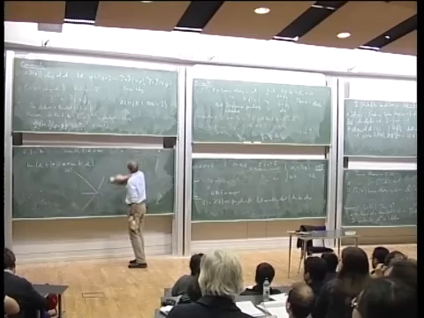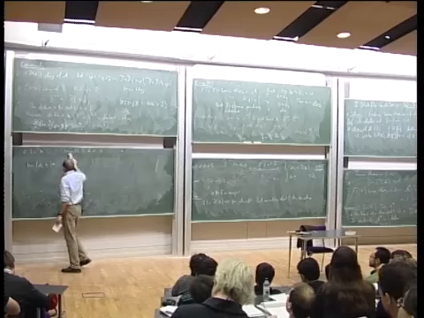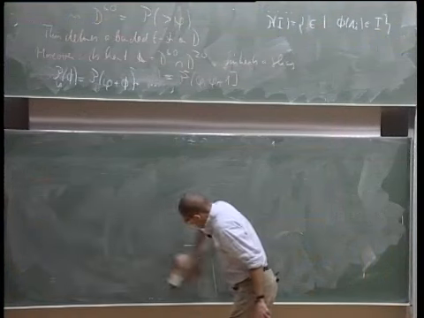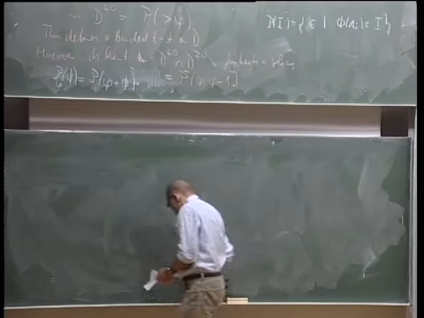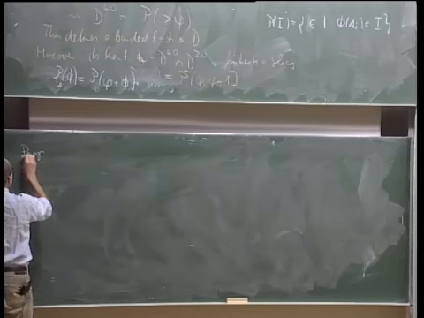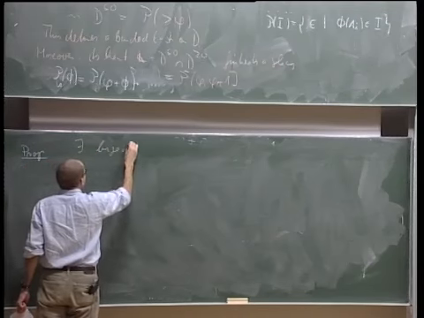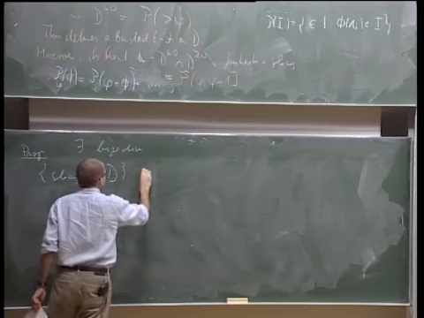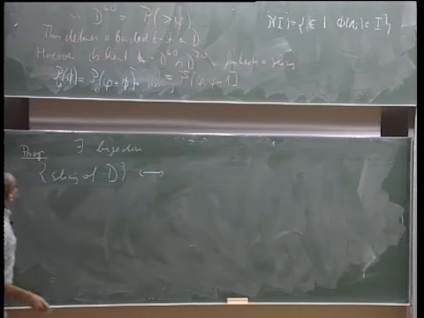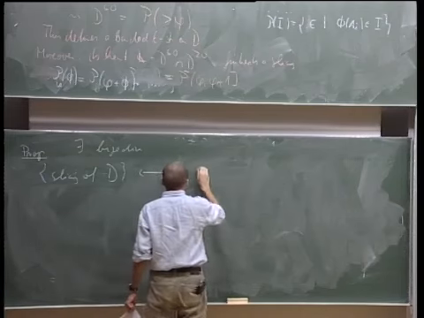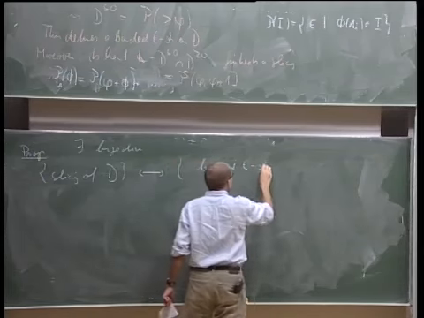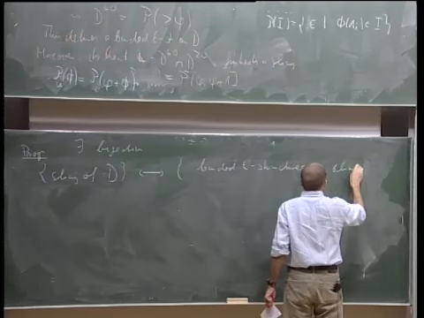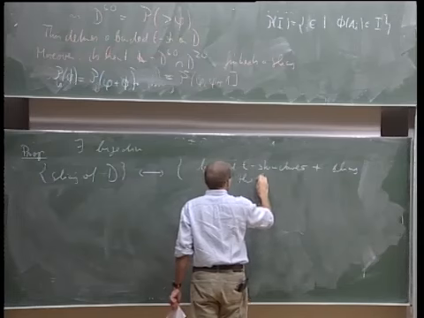And so now you can make this into a proposition, what was suggested already, namely that slicings of a triangulated category D are in bijection with bounded T structures plus the slicing of the heart.